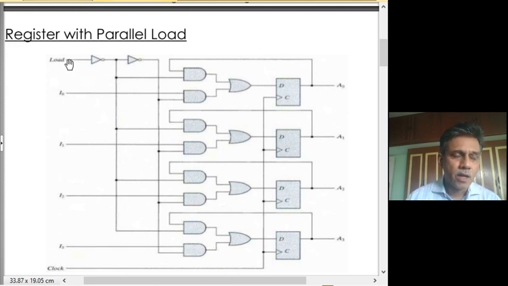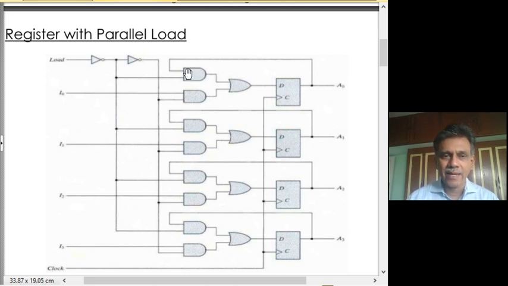Let's see. When the load is equal to 1, there is a 1 here. Because there are 2 NOT gates here, there would be a 0 at this point and a 1 at this point. When there is a 0 at this point, this 0 goes to one of the AND gates. At the input of every flip-flop, there are 2 AND gates which are ORed together before feeding the D input.